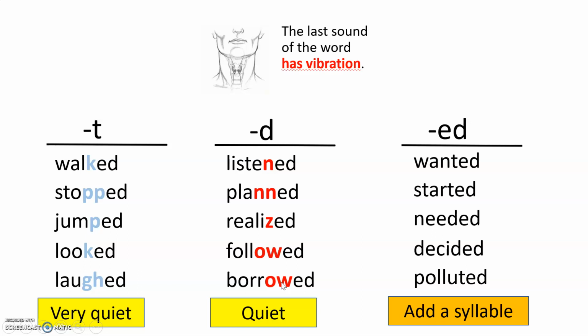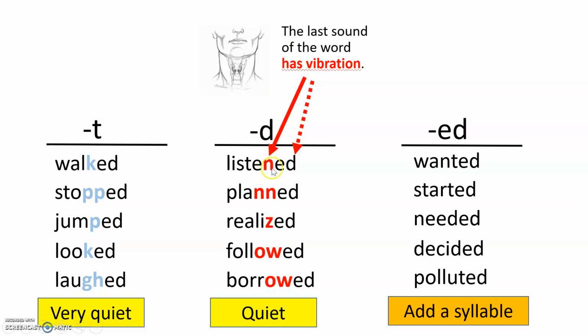So I have a big vibration in the last sound of the word, and so what happens is that because my throat is vibrating, or I'm making a loud sound, then also the ED gets a louder sound.